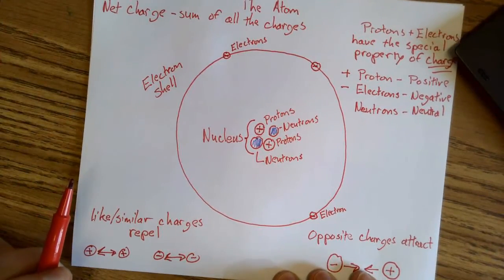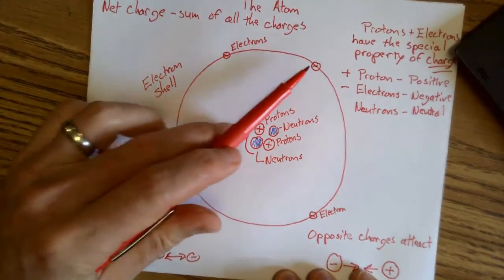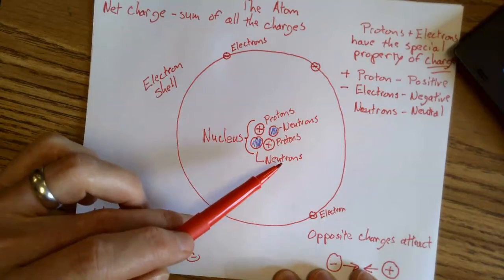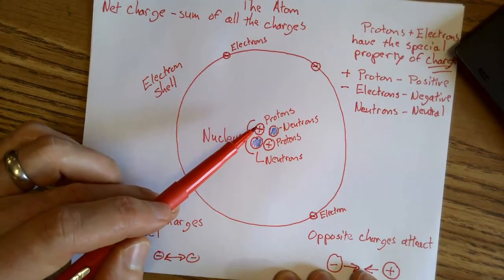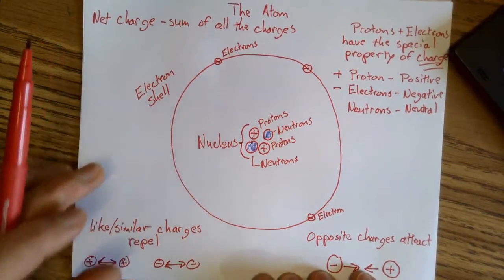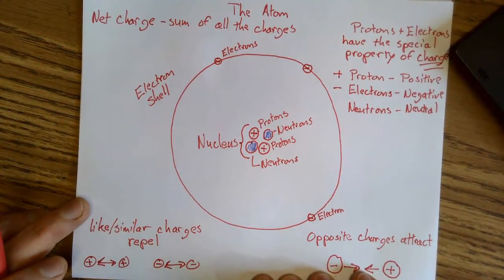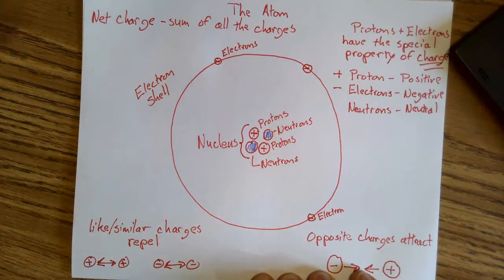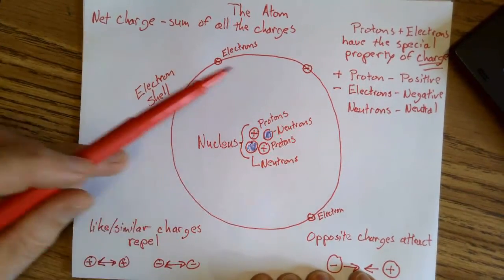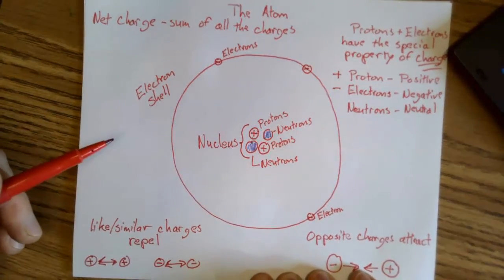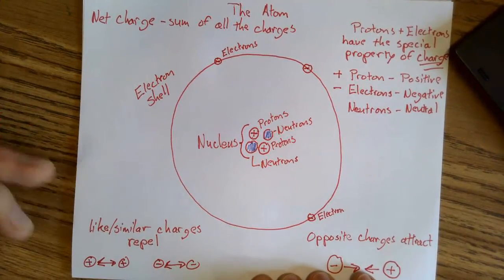What is it going to be now? Well, 1, 2, 3 negatives and 1, 2 positives. Now it has a net charge of an extra negative. So one more negative than positive makes this net negative. Now we have a negative ion.